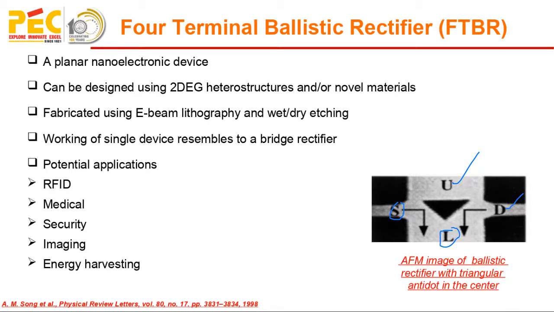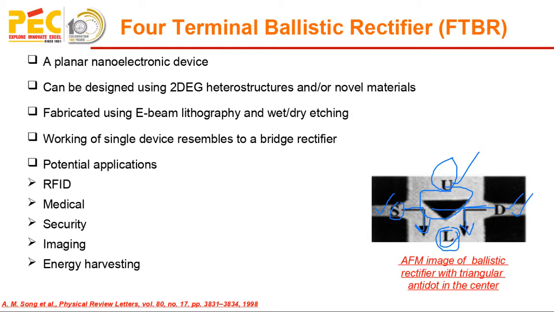When you apply the AC input between source and drain, the charge carriers try to cross the junction, but due to the presence of this antidot, the electrons or the holes will deflect in a particular direction, that is the lower side. And when you take the potential difference between the lower and upper terminal, you get the rectified type of characteristic.